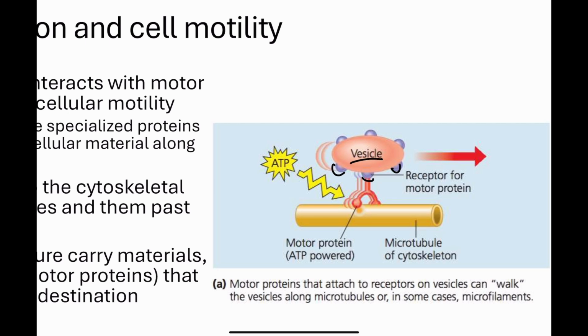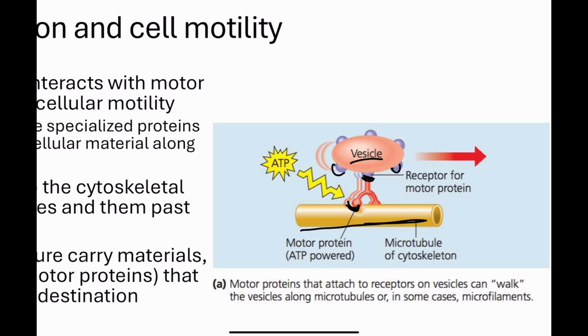And then we have our motor proteins, and they are powered by ATP. The motor proteins bind to both the vesicle here and to the cytoskeletal filament. It's going to move along that filament in a walking motion by using ATP as its energy source.